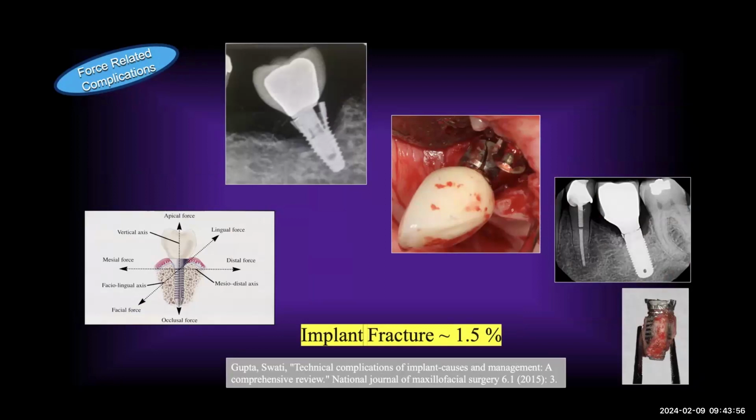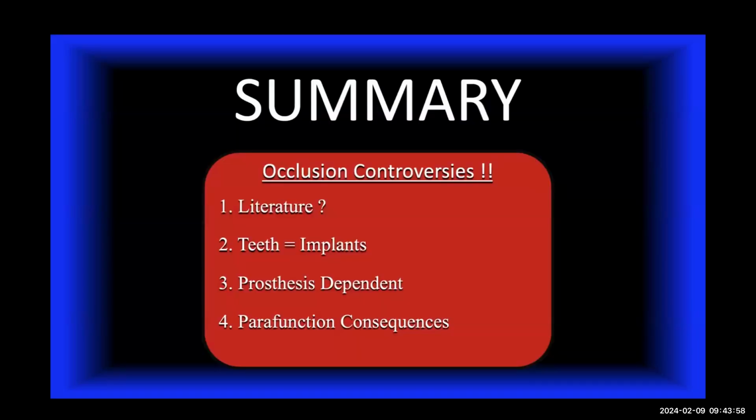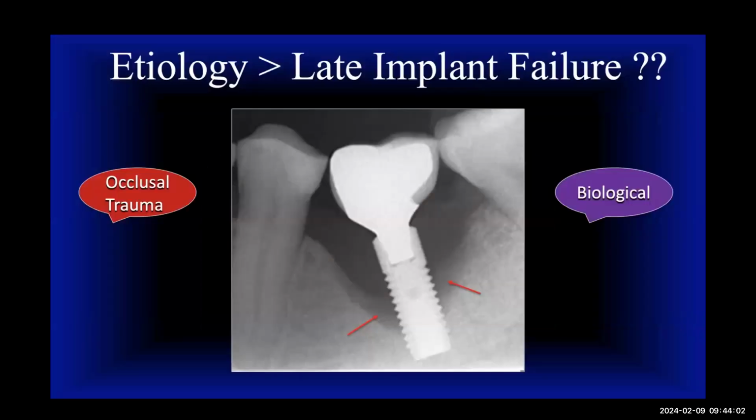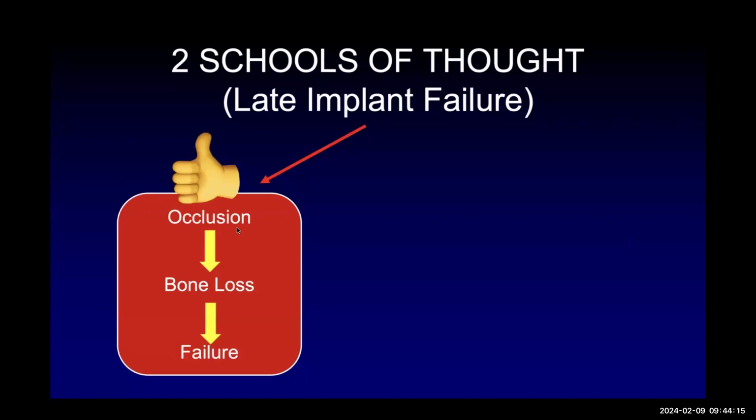So with that being said, there are a lot of controversies, and that will lead us into the next subject. There's a lot of people out there that disagree on why implants actually fail. There's a school of thought that basically says the occlusion is why you get implant failure, early or late.